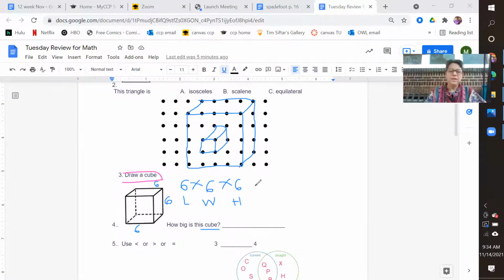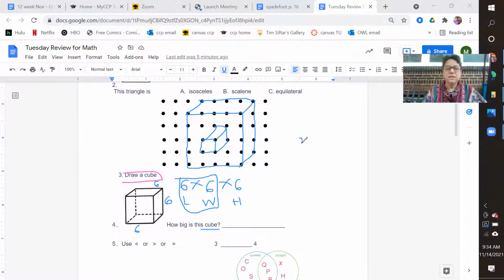Okay, so with length times width times height, 6 times 6 is 36, times another 6. So I'm going to do a 6 here. 6 times 6 is 36. And then I put a little 3 up here. And 6 times 3 is 18, 19, 20, 21.